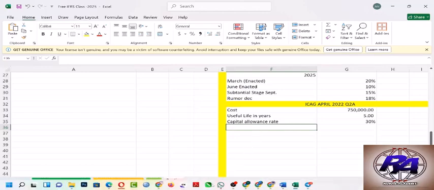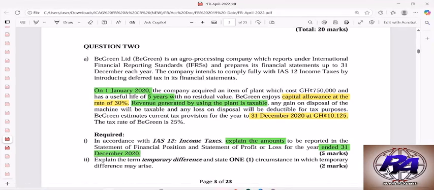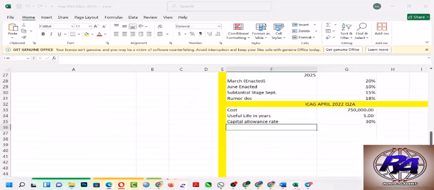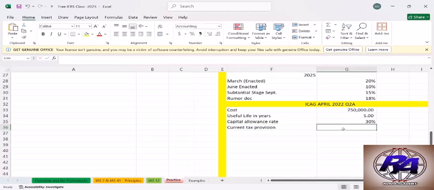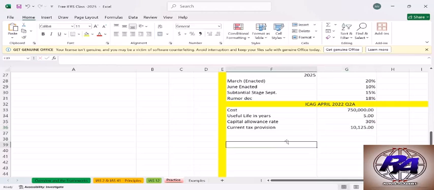The asset was bought on 1st of January. Okay, so we're also given the tax provision, 10,125. So current tax provision of 10,125. All right. Okay, so first thing first, how do we determine our deferred tax? We have already been given our current tax provision. There is no under provision or over provision from the question, so we don't have to look at that.